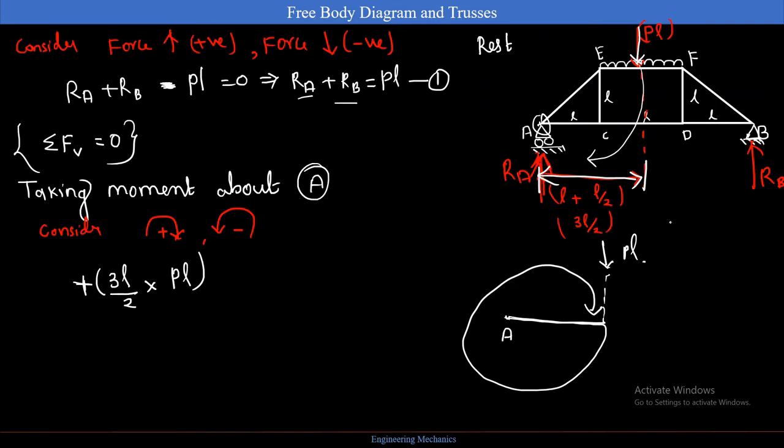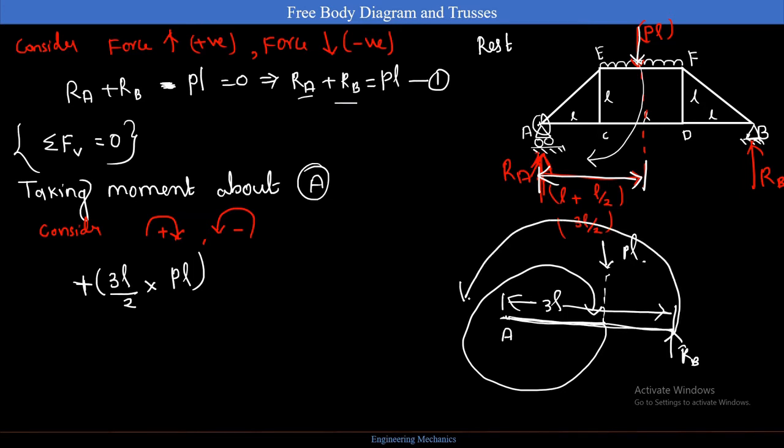Now this is my A and this is my RB, which is acting at the distance of 3L. The distance between RB and A is 3L. RB is moving in this direction, so I can say it is negative because it is anti-clockwise.